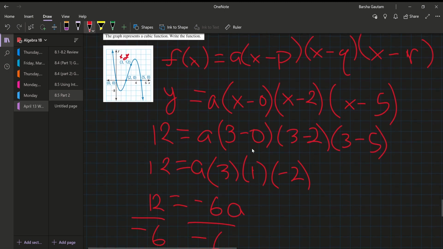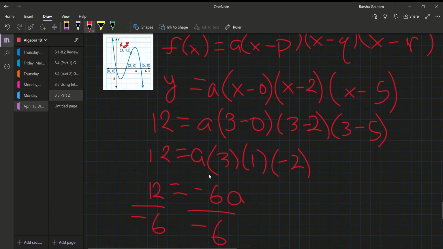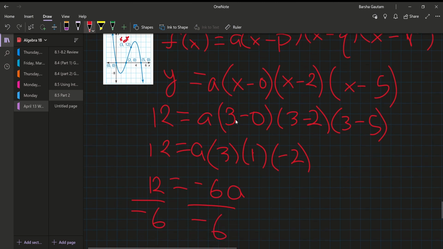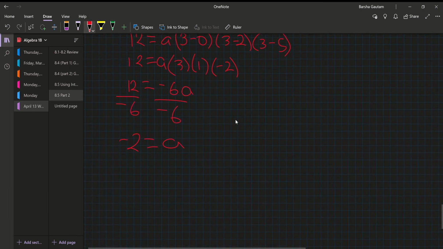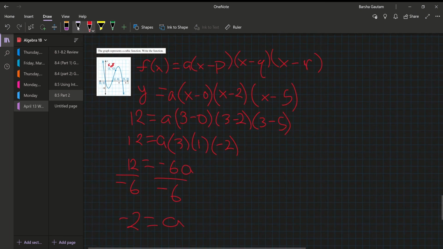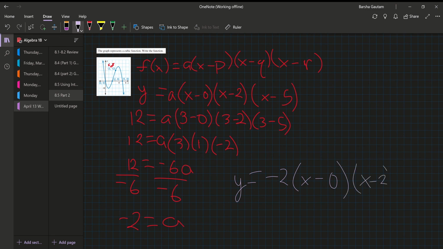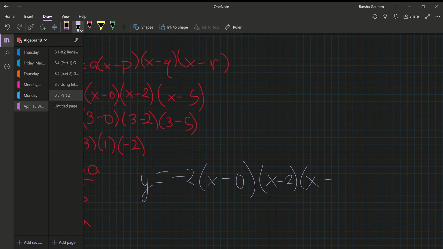Okay, so we're going to take this negative 2 that we got for a and replace it in here. So let's rewrite this. I'm going to write it over here. So our equation is going to look like this. y equals negative 2 times (x minus 0)(x minus 2)(x minus 5). I have some computer issues.